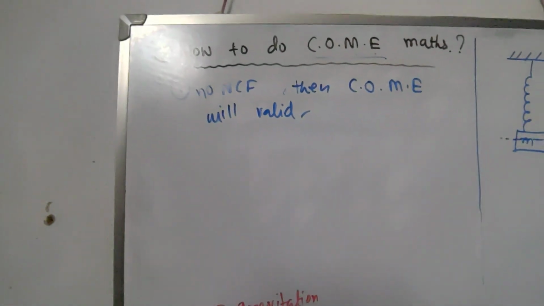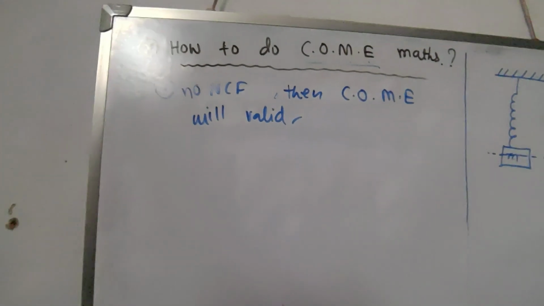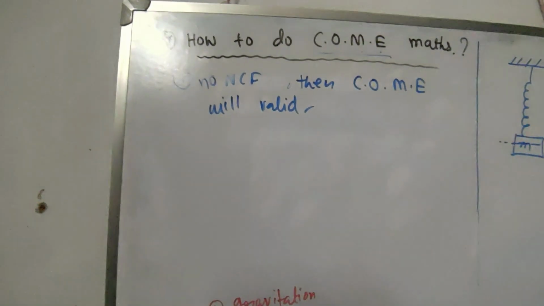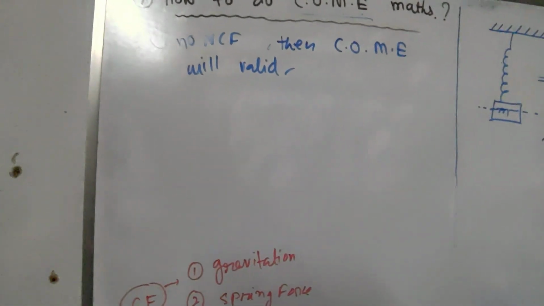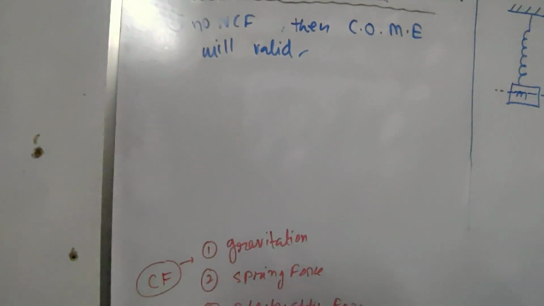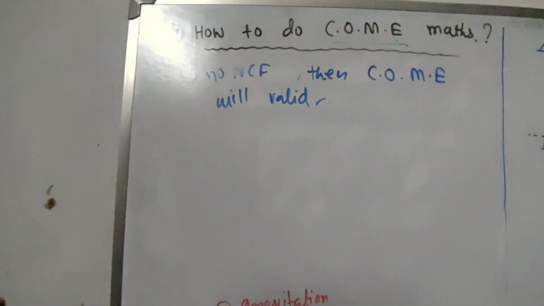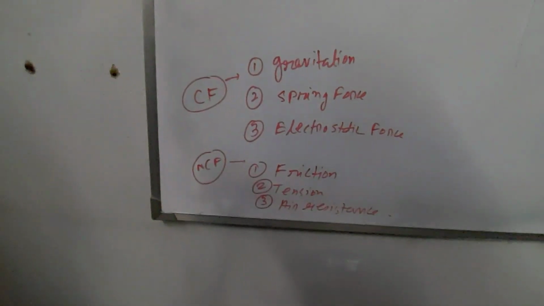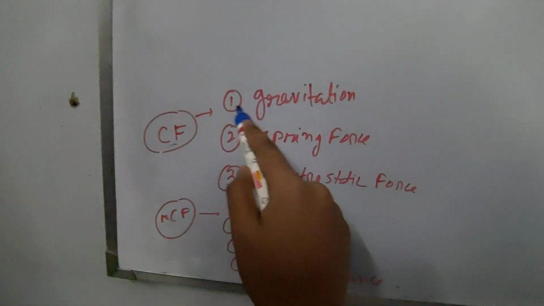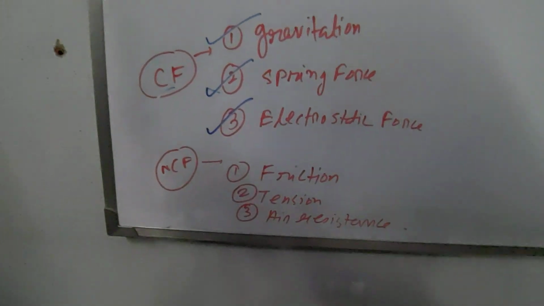Many of you understand what a conservative force and a non-conservative force are, but you have to remember which one you should call conservative and which one you shouldn't. Examples of conservative force are gravitation, spring force, and electrostatic force.